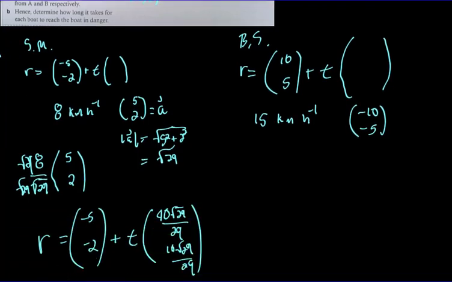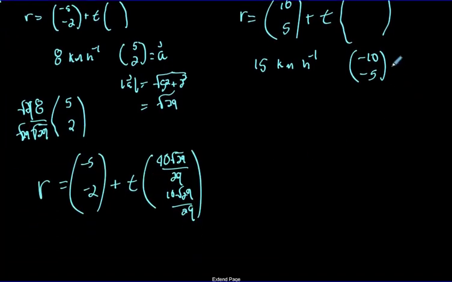And then I'm going to do the same thing that I did in the other one, right? If I let this be my vector b, its magnitude would be, well, 10 squared is 100, 5 squared is 25, so it's 125, or I can reduce this to 5 root 5.